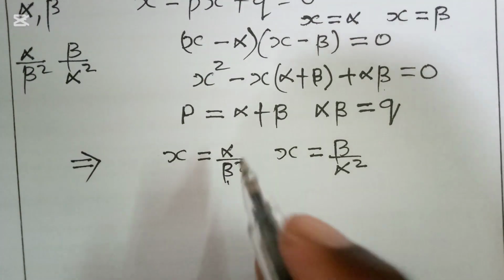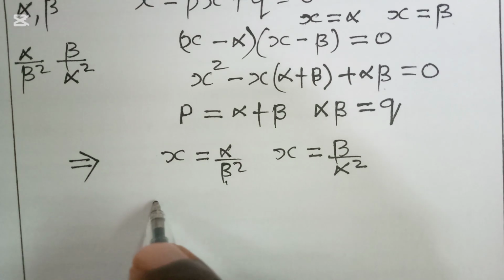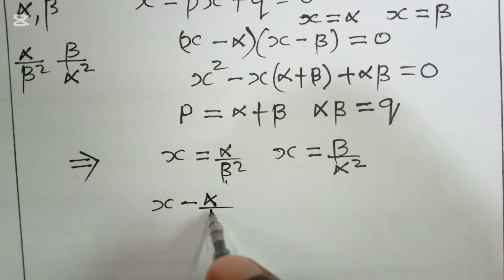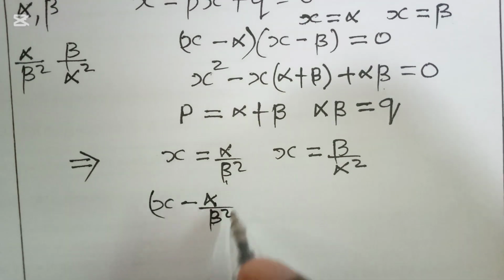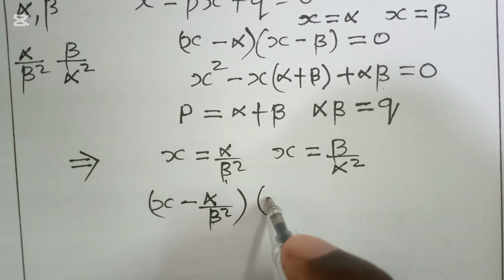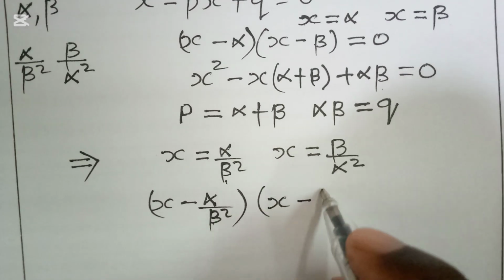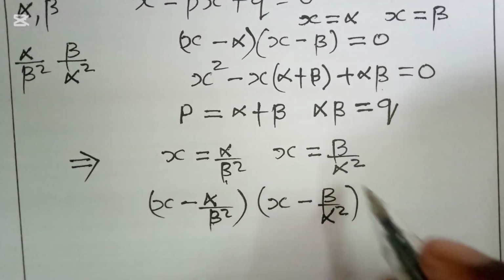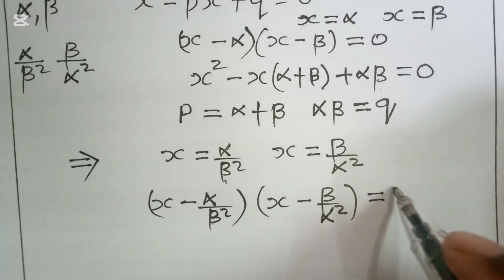So guys, we form the equation with that. We shall have x minus alpha over beta squared, and these are the factors now, x minus beta over alpha squared. This is equal to 0.